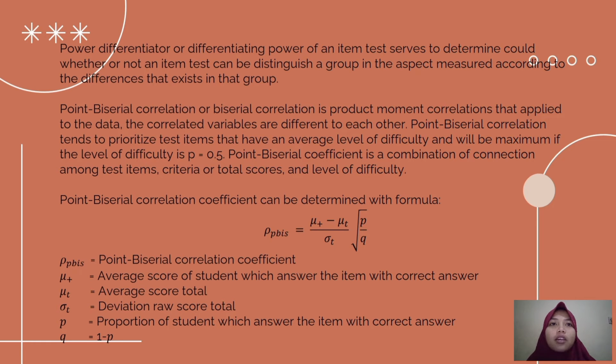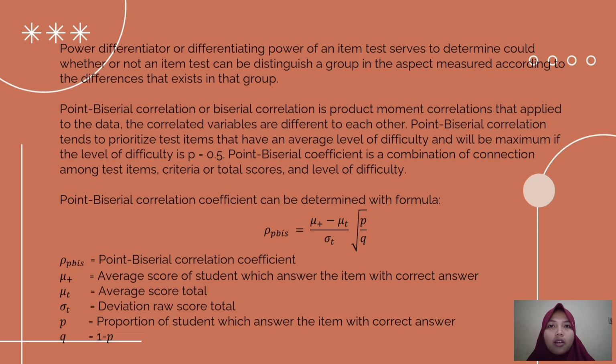Point biserial correlation tends to prioritize test items that have an average level of difficulty and will be maximum if the level of difficulty is P equals 0.5. The point biserial coefficient is a combination of the connection among test items, criteria or total scores, and level of difficulty.